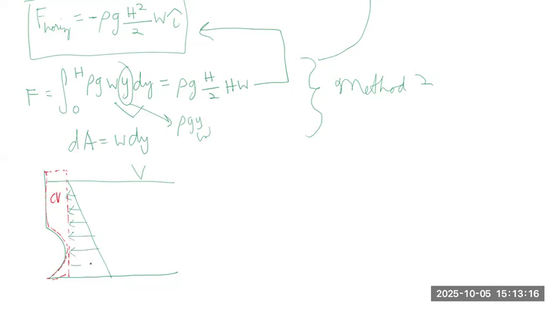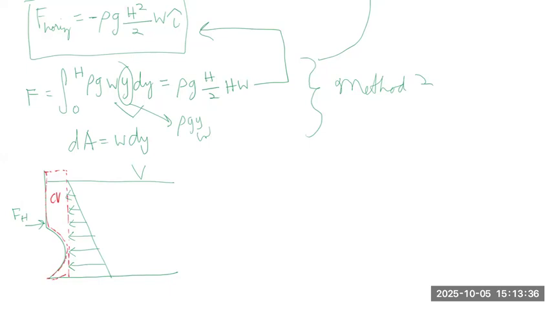Classic hydrostatic pressure distribution. And basically, we're going to call FH the horizontal force that the wall exerts on the control volume.